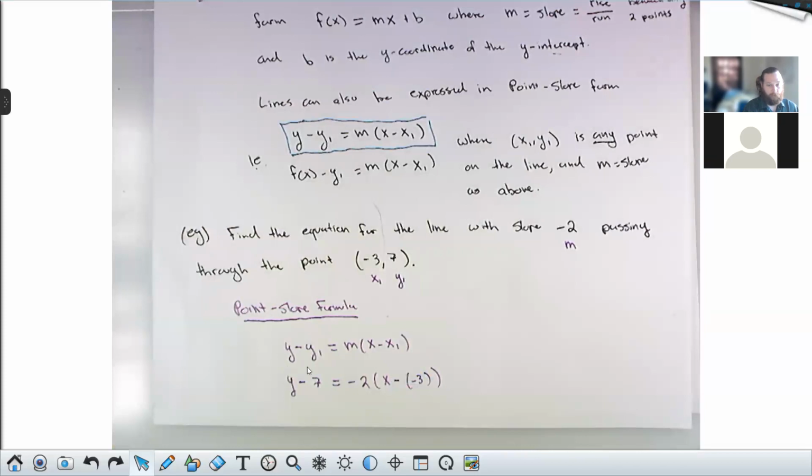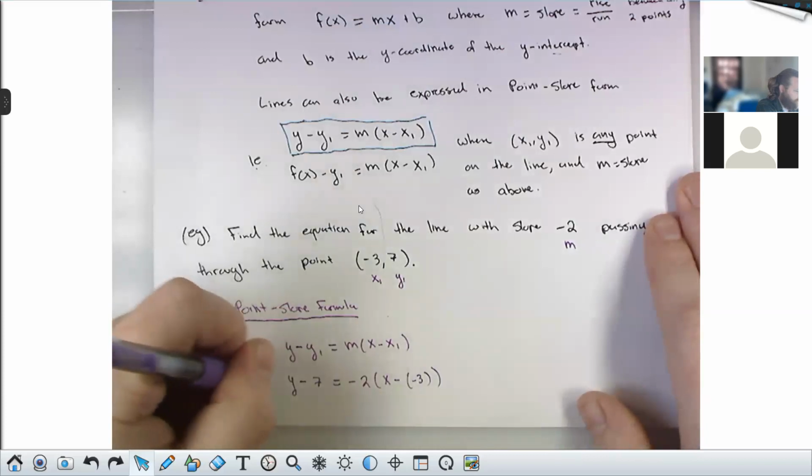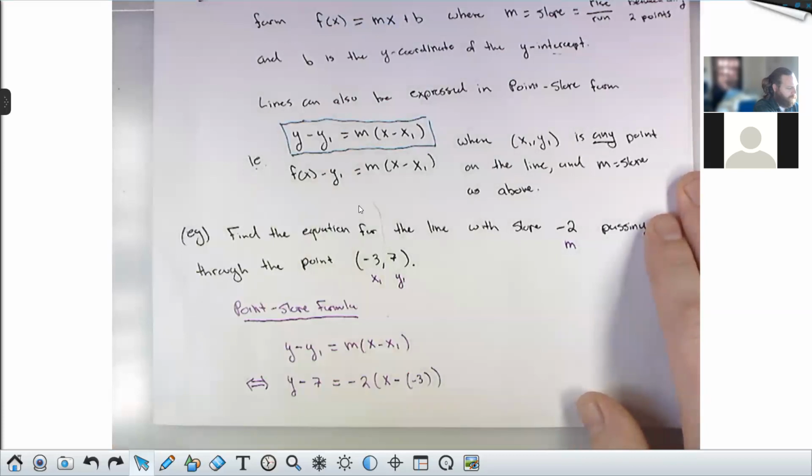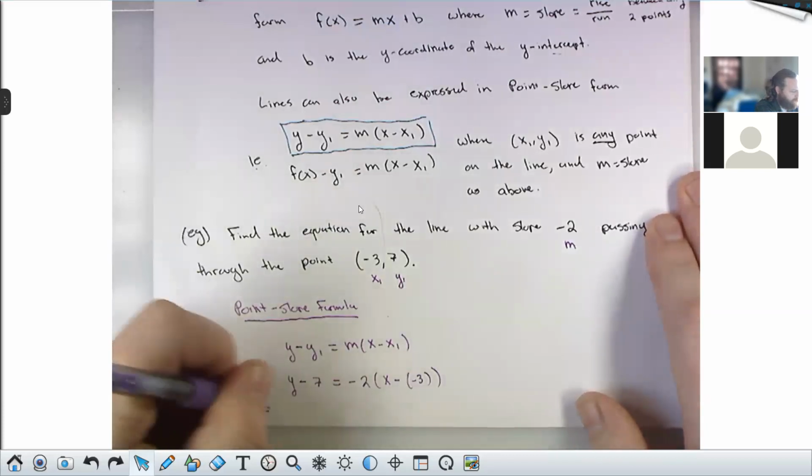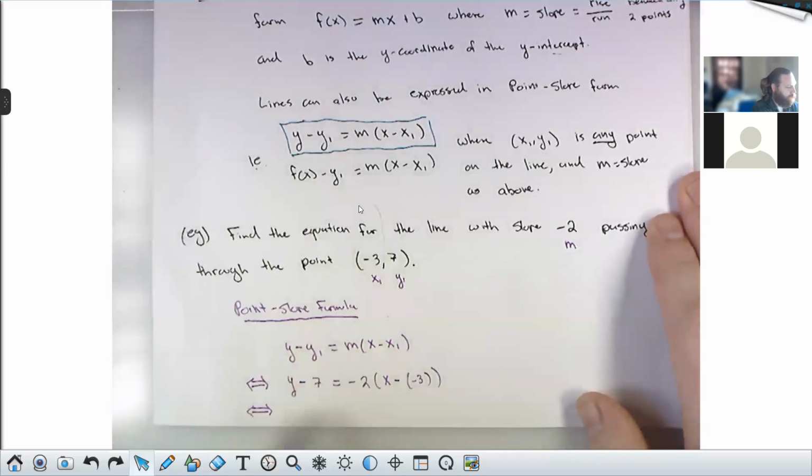All right. So you could stop here for this problem because it just says find the equation. The homework problem I'm modeling this on, though, wanted you to get it into the slope intercept form, which is this form. So let's do that. The first thing I would do if I want to get this into y equals mx plus b is clean up the difference in here.